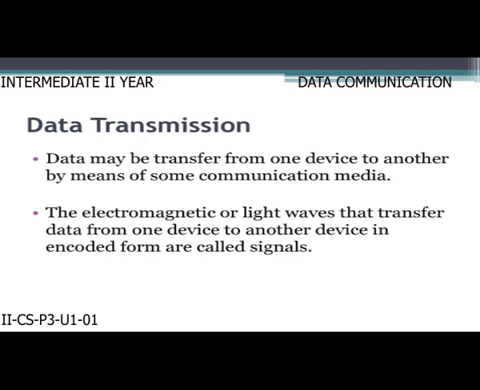Methods of data transmission. Data can be transferred from one device to another by means of some communication media. The electromagnetic or light waves that transfer data from one device to another in encoded form are called signals.